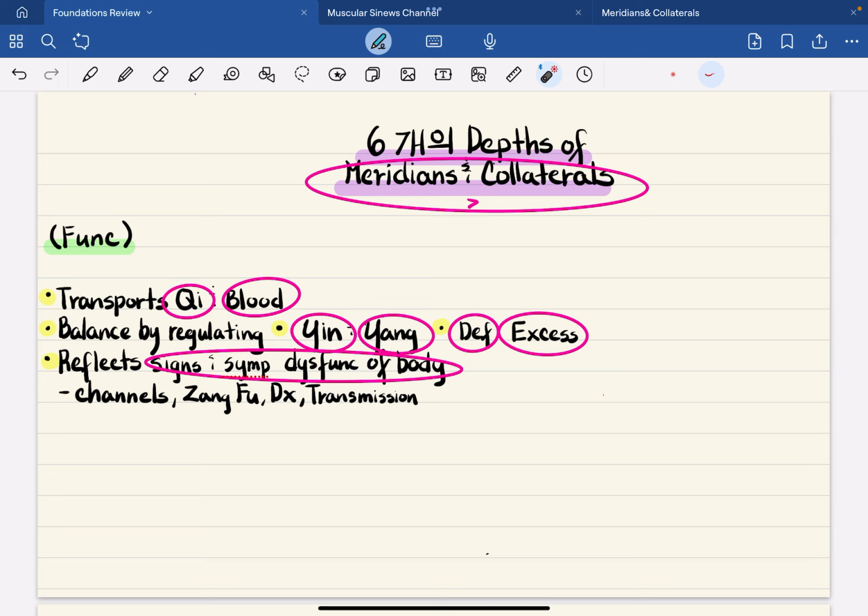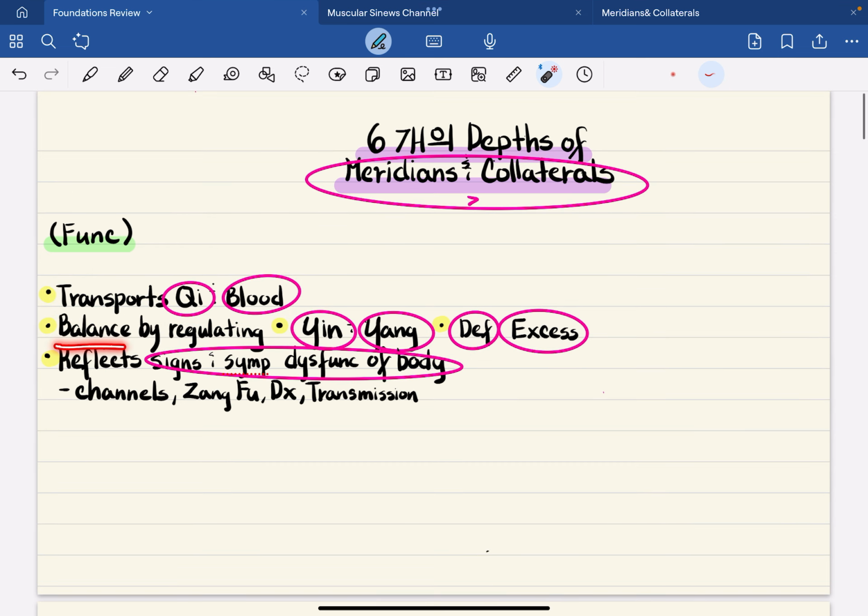It's also what we ask in the 10 questions when we are doing intake for patients. So you can remember it that way. It transports qi and blood, and it balances by regulating the yin and yang and the deficiencies and excesses. So you can group them together like this and think of it in that way so you remember.